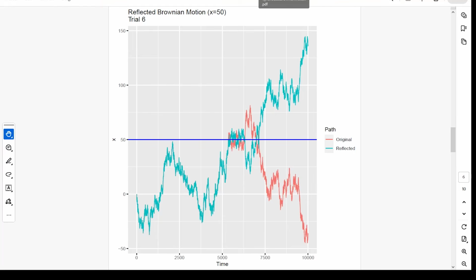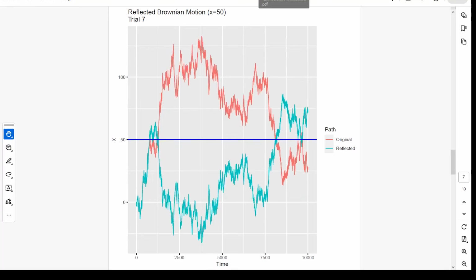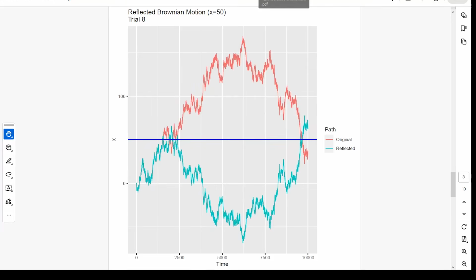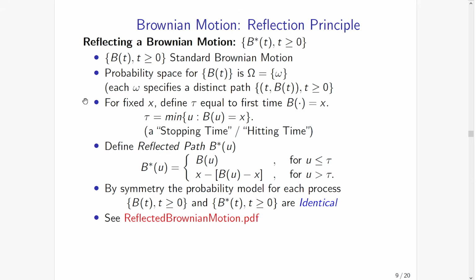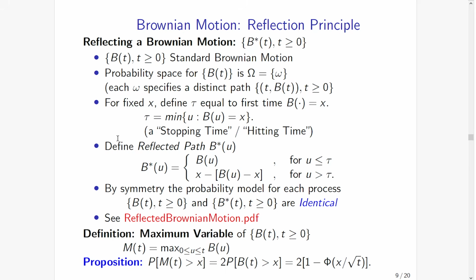Now, the interesting question is, well, let me go back to the notes here. The interesting question is to ask, what is the maximum of a Brownian motion up to time t?